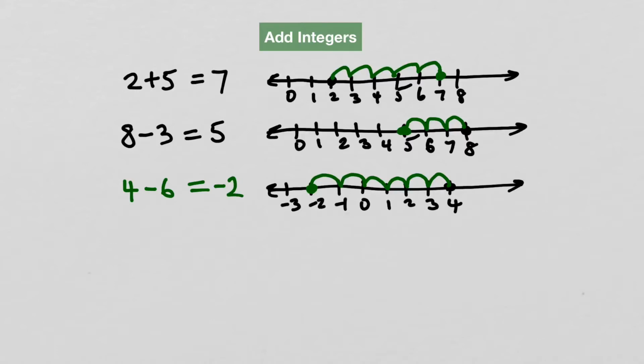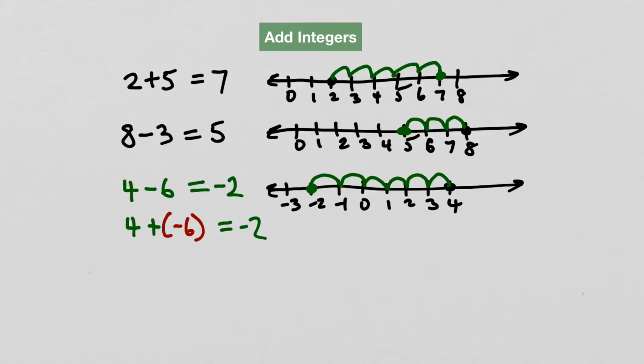Now, note that 4 minus 6 can also be written as 4 plus negative 6, and that is still equal to negative 2. Whenever you encounter a negative sign, what you do in the number line is the same thing.